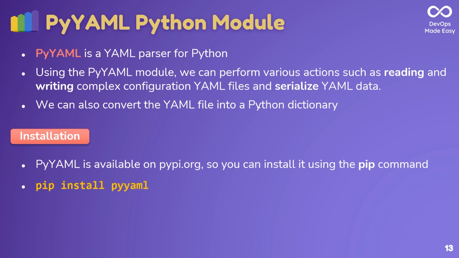All these operations can be done using PyYAML. PyYAML is available on pypi.org, so you can easily install it using the pip utility. Pip is a Python installer, so pip install PyYAML will install your PyYAML module for Python.